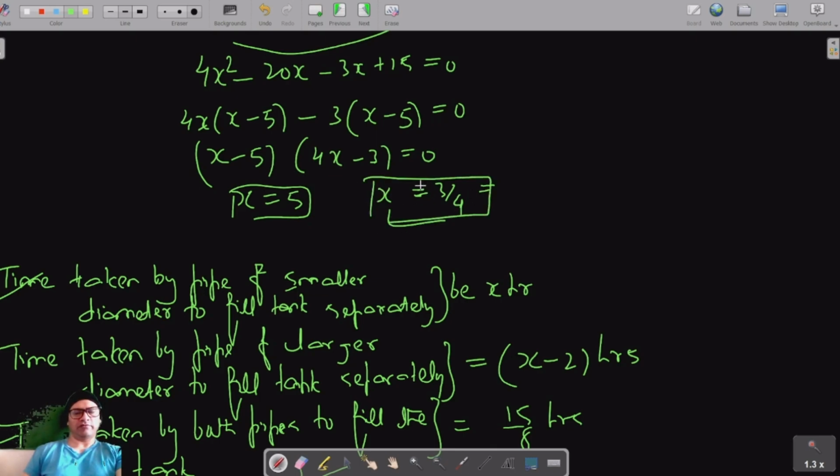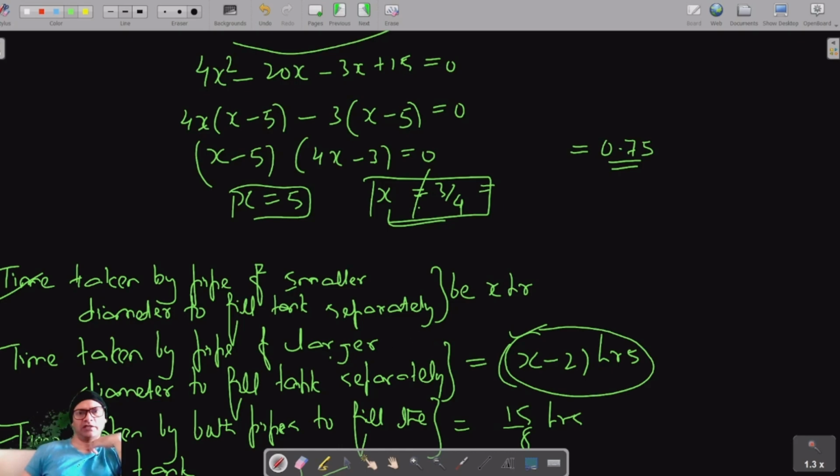X cannot be equal to 3 by 4, because if we take x is equal to 3 by 4, then the time taken by the larger diameter is x minus 2. So if we put x is equal to 3 by 4 here, 3 by 4 minus 2 is equal to 3 minus 8 by 4, which is negative, which is less than 0.